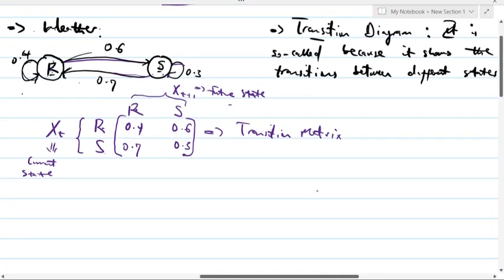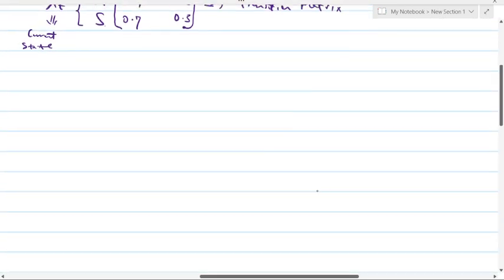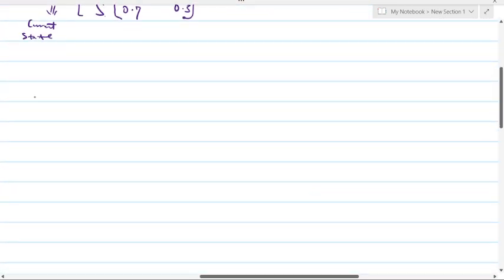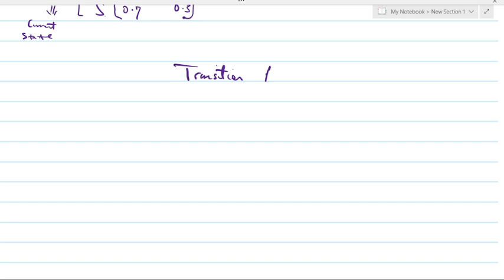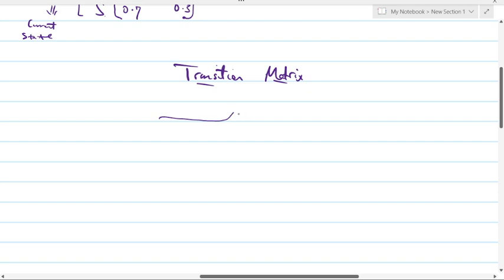Then I go properly to the definition of the transition matrix. So that's the note here.